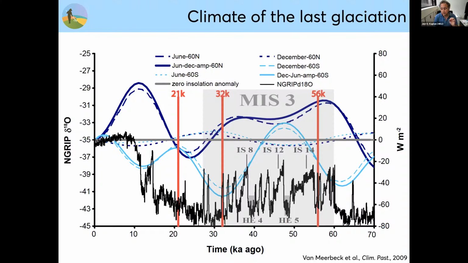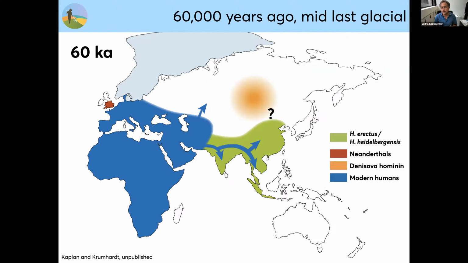This period of abrupt climate change is the period that marks the rapid expansion of humans, the final rapid expansion of humans out of Africa and into Eurasia.